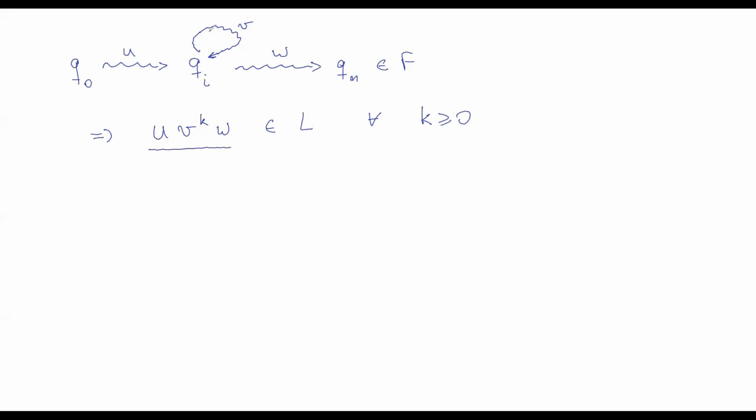You take this cycle K times, whatever your K might be, 0 or more, and then at the end you continue this part of the computation with W. So that's always going to bring you to a final state. So that's the proof of our result, and it's really a powerful result.